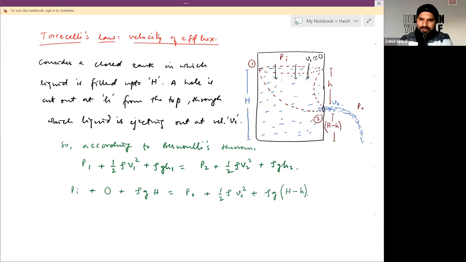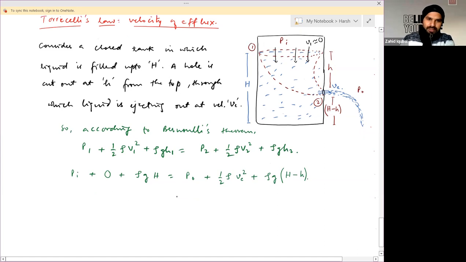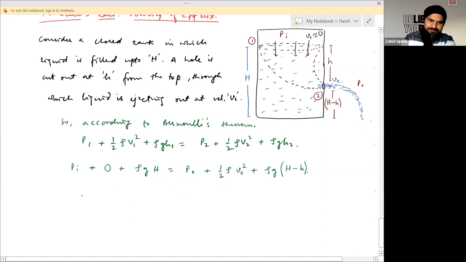Now just simplify it. Move this P naught to the left side. So you'll get Pi minus P naught plus rho g H. Move this rho g H part to the left side. So you'll get minus rho g capital H plus rho g small h equals half rho VE squared. This quantity and this quantity will get cancelled out.